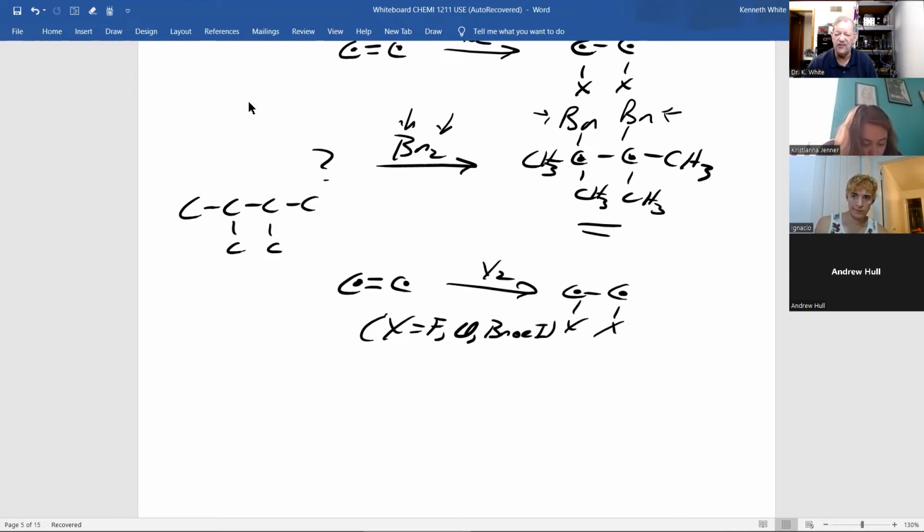Well, if it's these 2 right here, then there'll be a double bond between there. And I know there are 4 bonds to carbon, so I can put in my hydrogens. And I'm done.